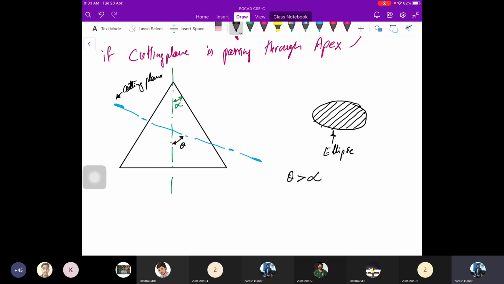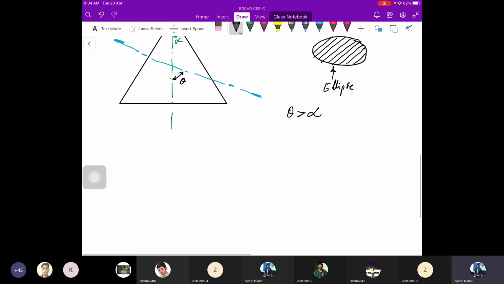So if the inclination of the cutting plane is greater than half of the apex angle, then whatever cross section we are getting is an ellipse.